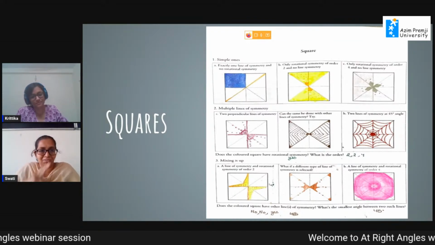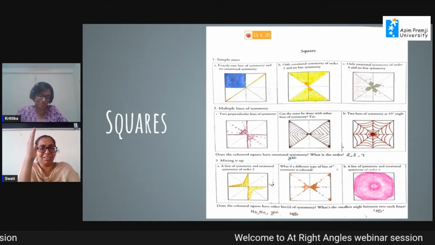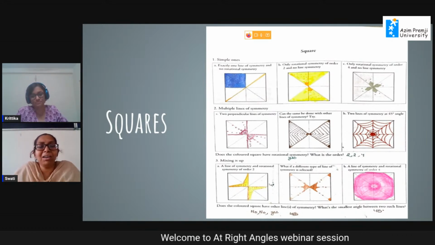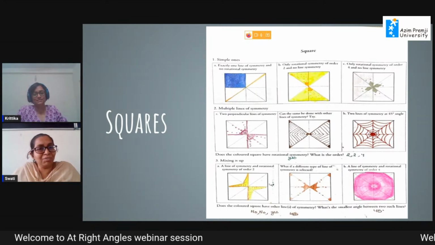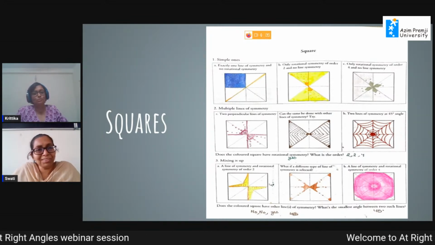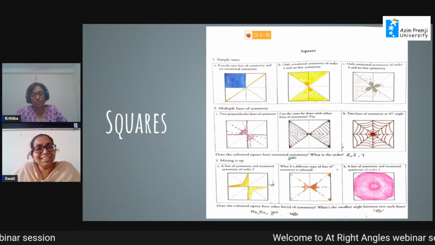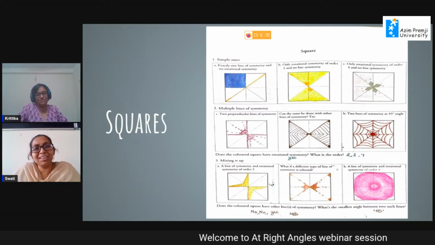It can be a diagonal or the perpendicular bisector of parallel sides. So, did anybody observe this? No, I didn't come across such a student.